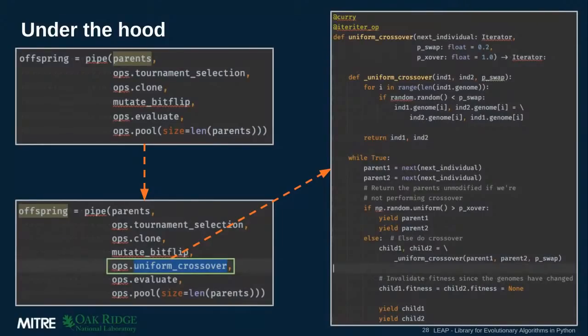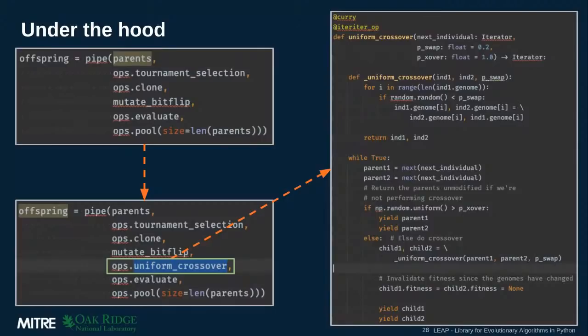We added crossover. Now, again, you look on the right, and you see it's yet another generator. It's got that while true loop, and it yields, but it yields two offspring, because when you're selecting two parents, you're crossing them over, and you create two new unique individuals. So you yield those one by one on demand, depending ultimately on what the pool operator requests.